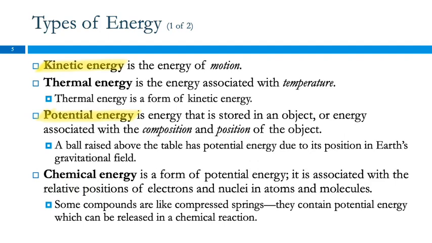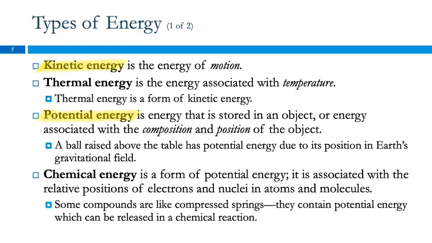Chemical energy is a form of potential energy. And this is associated with the composition of the substance, and more specifically with the relative positions of the electrons and the nuclei inside the atoms and molecules. And so some substances like gasoline have a lot of chemical energy. If you do the right thing to them, they can release a lot of energy.